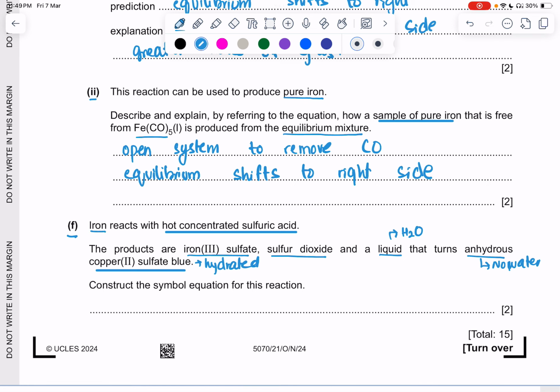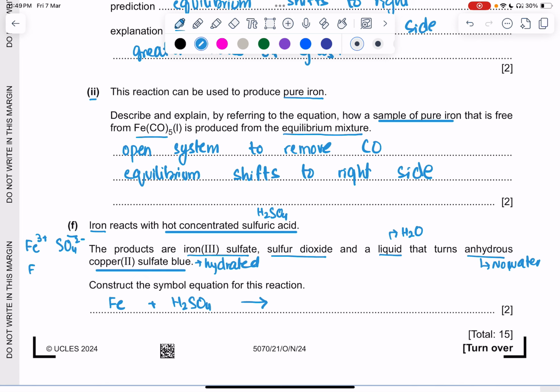So we have iron, Fe. It reacts with sulfuric acid, the formula is H2SO4, and the products are iron 3 sulfate. Iron 3 sulfate means iron oxidation state is 3 plus. Sulfate means SO4 2 minus.